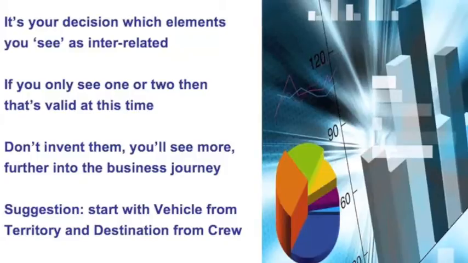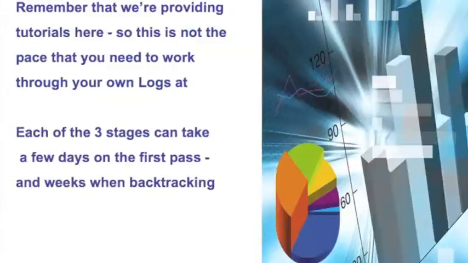So I would suggest that to get going, you look at the elements within your vehicle from the perspective of each of the elements in your territory and think about whether there are any relationships and what keywords you can use to map those relationships. And another one that I think you might want to think about is having a look at the destination from the point of view of your crew.